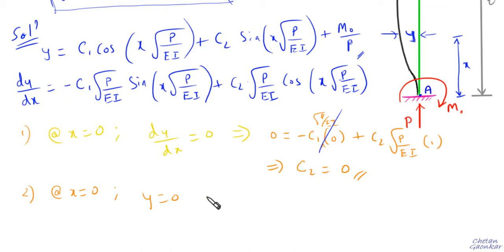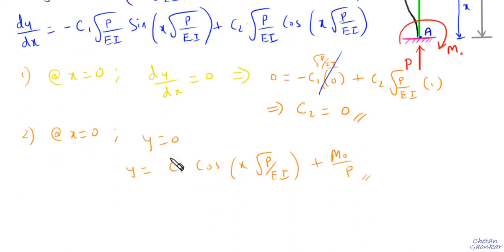This y, which is equal to 0, should be equal to c1 cos of x root of P divided by EI, c2 being 0, plus M naught by P. But from this boundary condition, y is 0 when x is 0, so this will become c1 times 1 plus M naught by P equal to 0. Therefore, this implies that c1 is minus M naught by P.